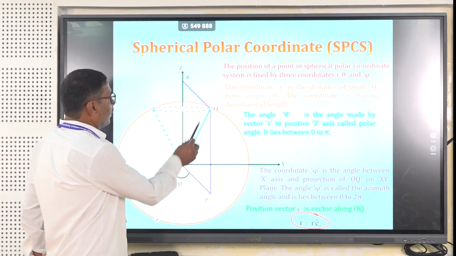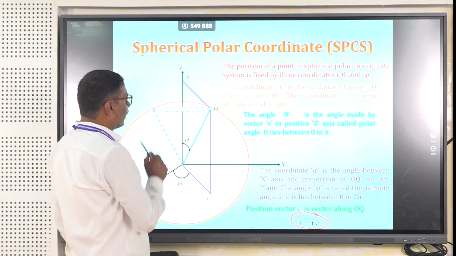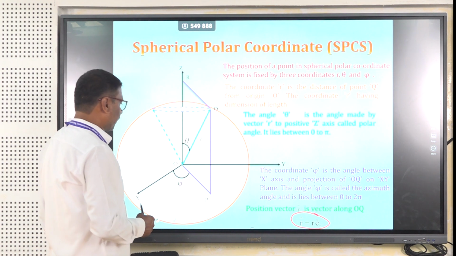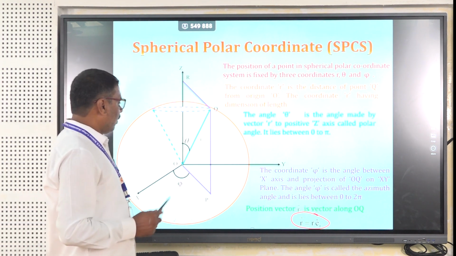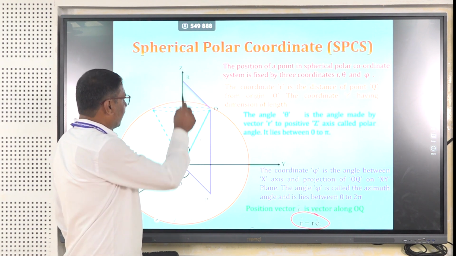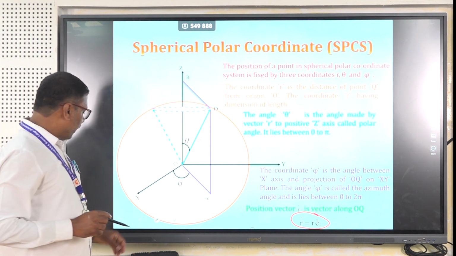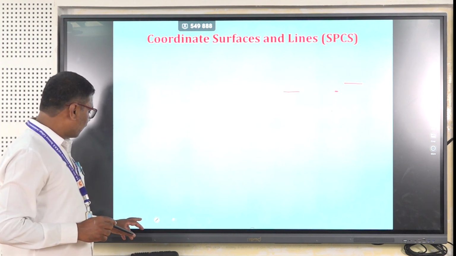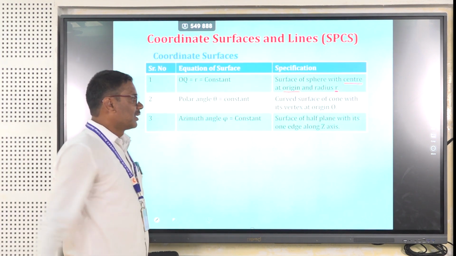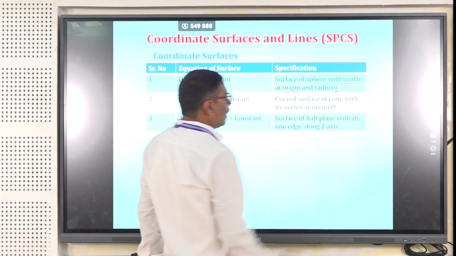This is the conical surface for theta constant, for r constant it is a spherical surface, and for phi constant it is a plane surface, that is r q p o. This is a half plane surface whose one edge is along the z axis.